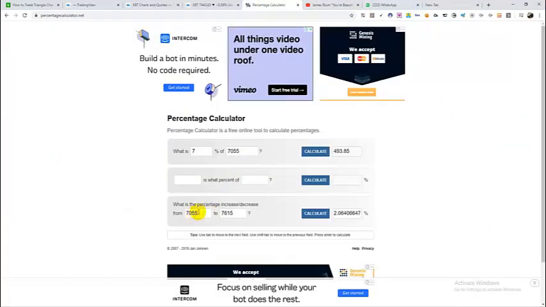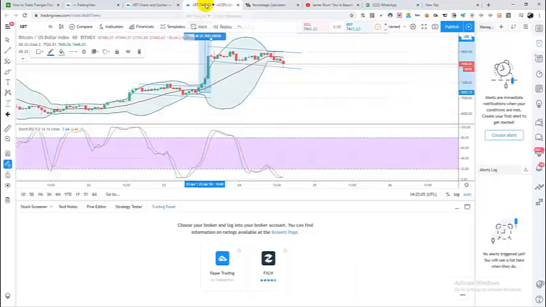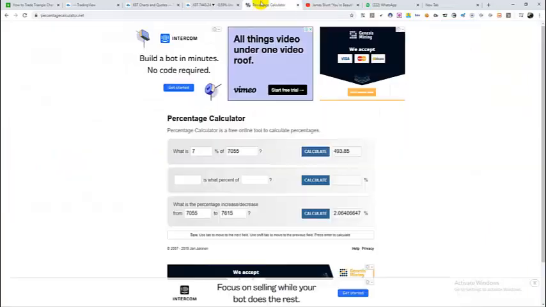Remember, the percentage they gave us here is 9.7, but the truth is I cannot just put 9.7 because it's possible that price might not reach here. Under normal circumstances price is supposed to reach here and pass, but we cannot be 100% sure. Anything can come and cut it short. So I reduce my target maybe to 7%. So let me just say 7% off 7,600, assuming the breakout started from 7,600.